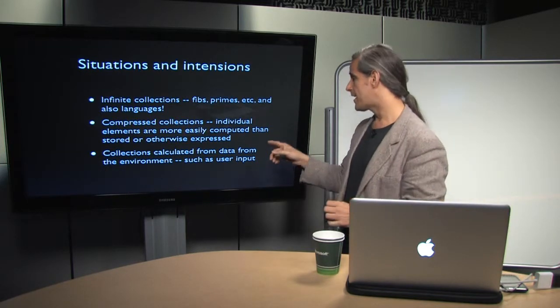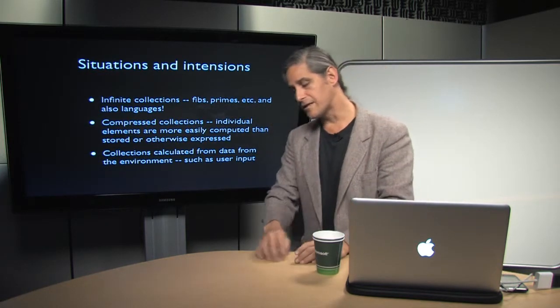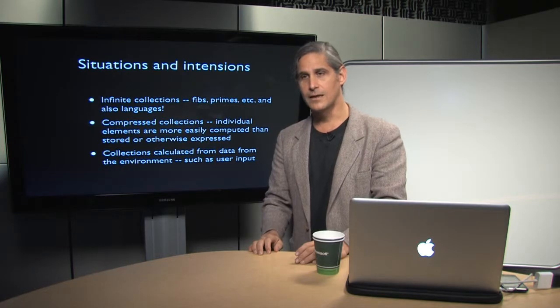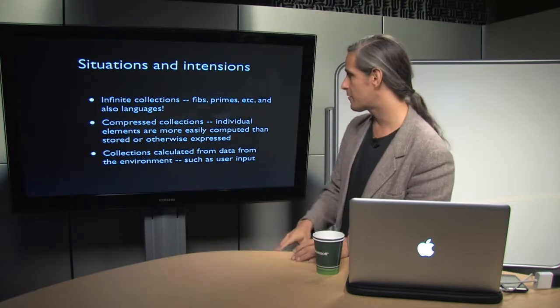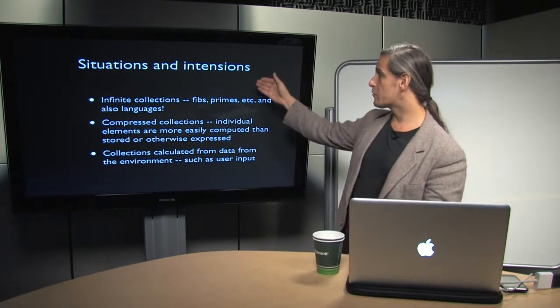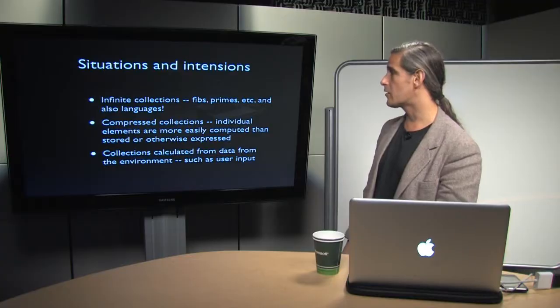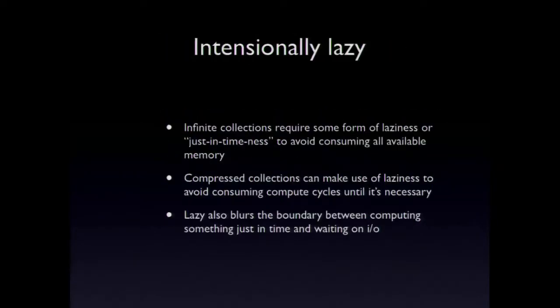But I can't do that from the outset. If I tried to list out all of the options of a menu, that would be a very tedious way to construct menus. I have to programmatically construct menus, and that requires input from the user. So those are three common cases where we need intentional versus extensional collections.